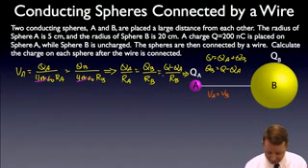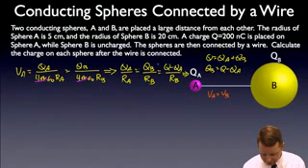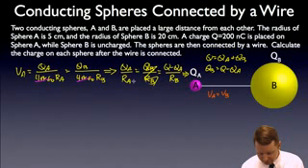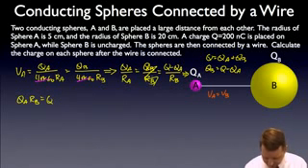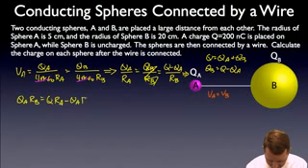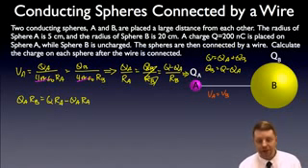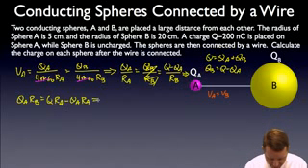which implies then cross multiplication: QA RB must be equal to Q times RA minus QA RA, just distributing that RA through. All right, a little bit more algebra here.